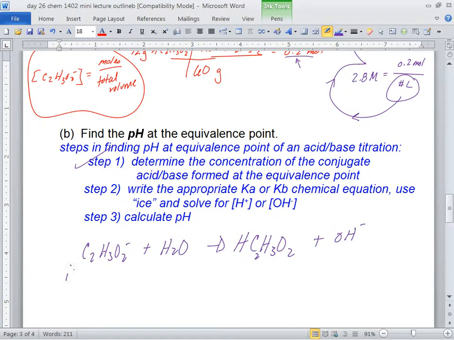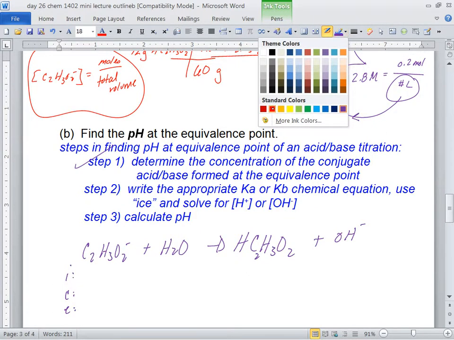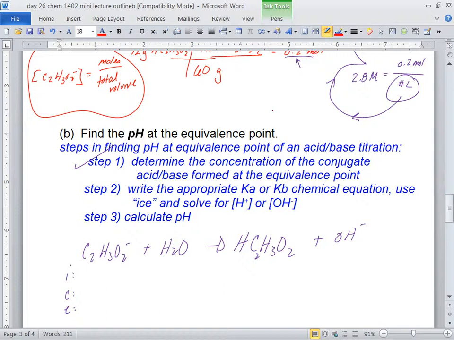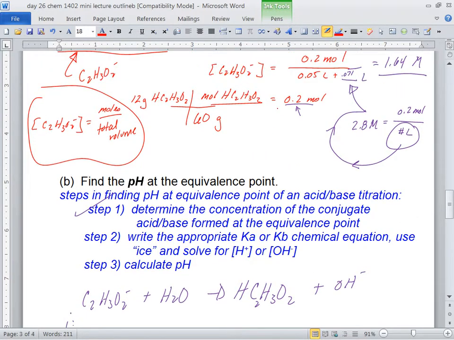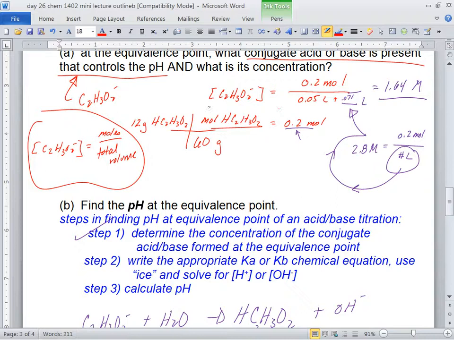We have to do ICE. All right. Let's see if Cameron remembers how to do this. How do you do ICE? You put all the ICE, so you have... All right. Here's the concentration of this stuff. That 1.64 is going to go where?